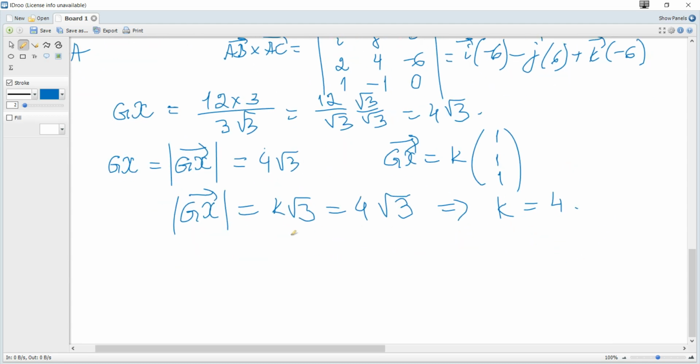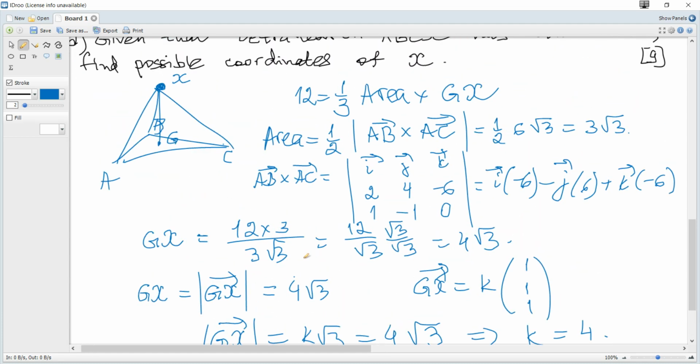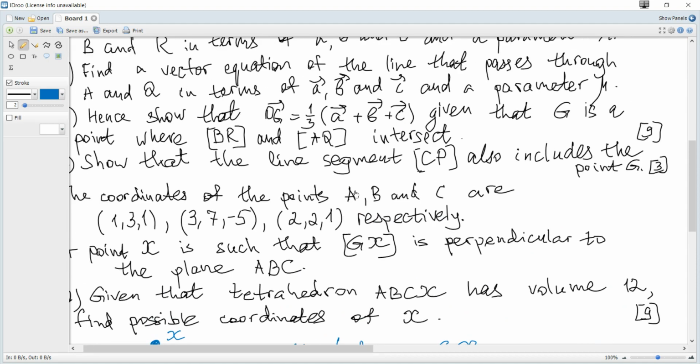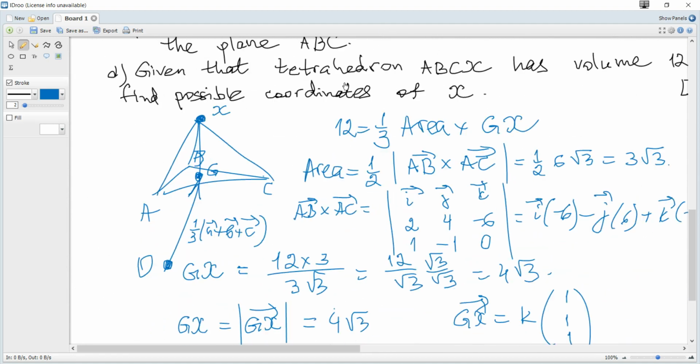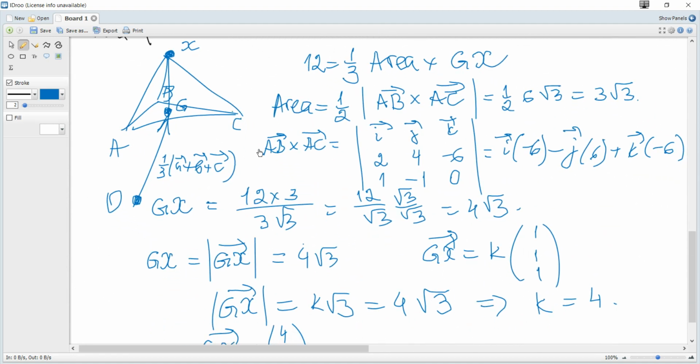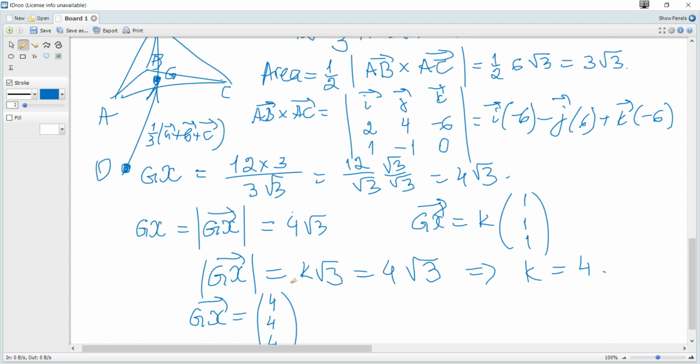So the Gx vector has coordinates 4, 4, 4. Or we can consider, for example, the origin, and if we consider OG as a position vector, it's 1/3 of A plus B plus C. It's this result, the OG vector. And we know the Gx vector.